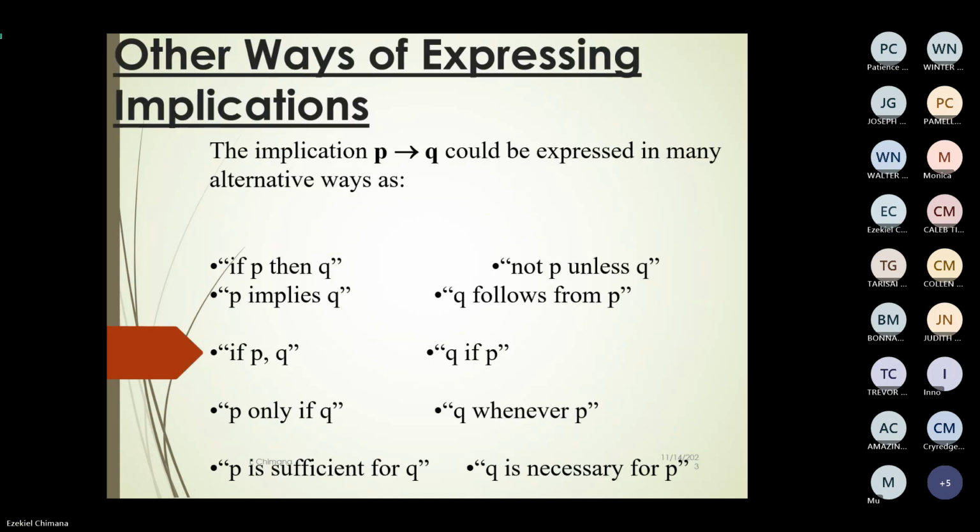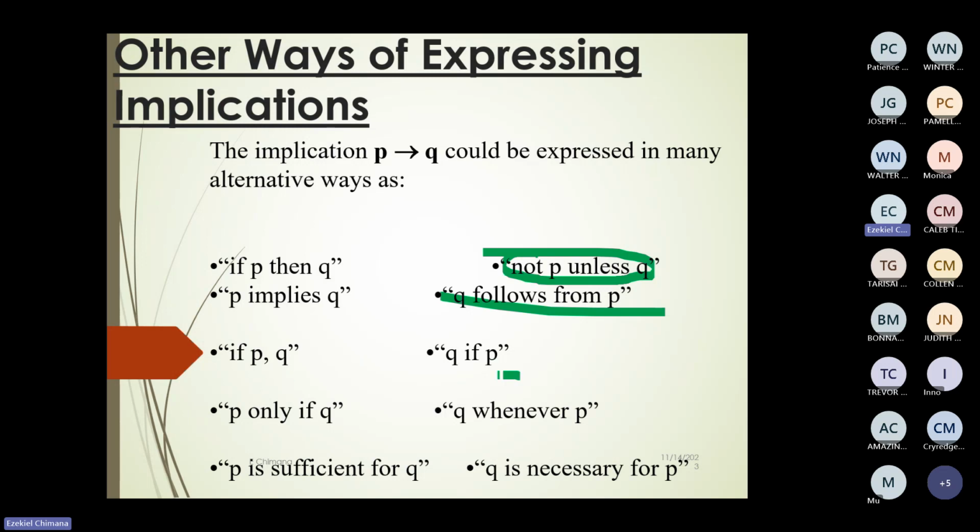Other ways of expressing implications. The implication P implies Q could be expressed in many alternative ways. If P, then Q, or we can say not P unless Q. Not P unless Q is just the same as P implies Q. Q follows from P is still the implication.